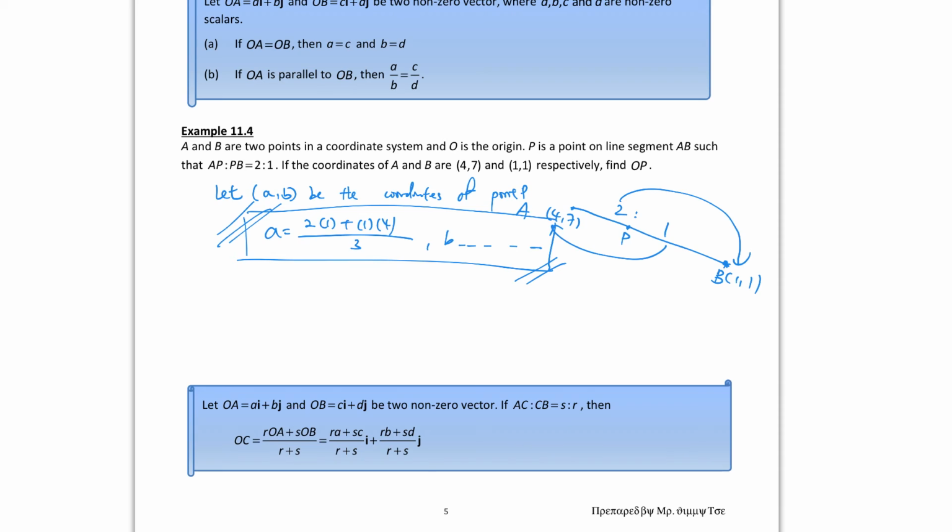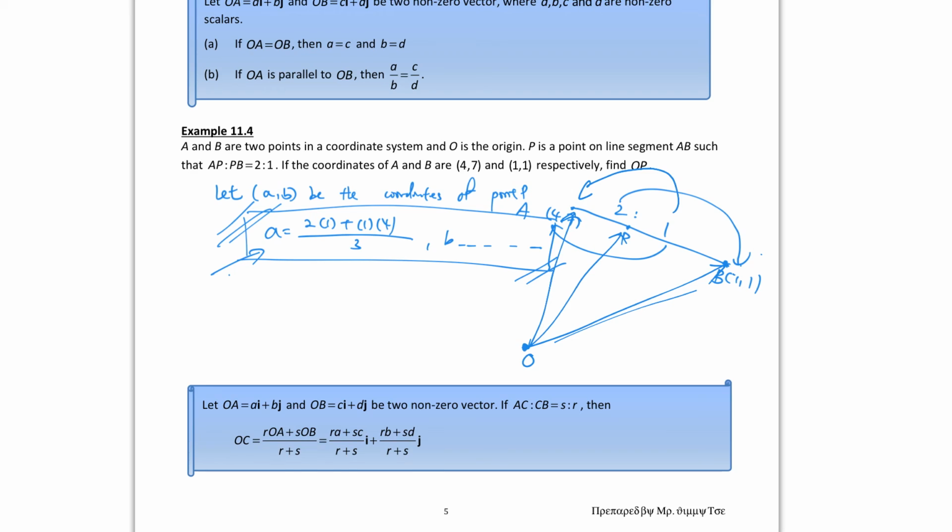The concept is similar, but we can use it to multiply the vector OB. That means I consider we have a vector OB, remembering it must start from the same point. Then 2 times OB plus 1 times OA, over 3, is equal to OP.